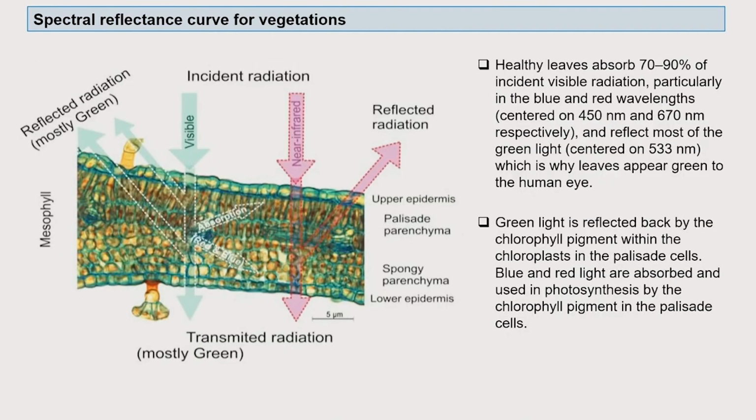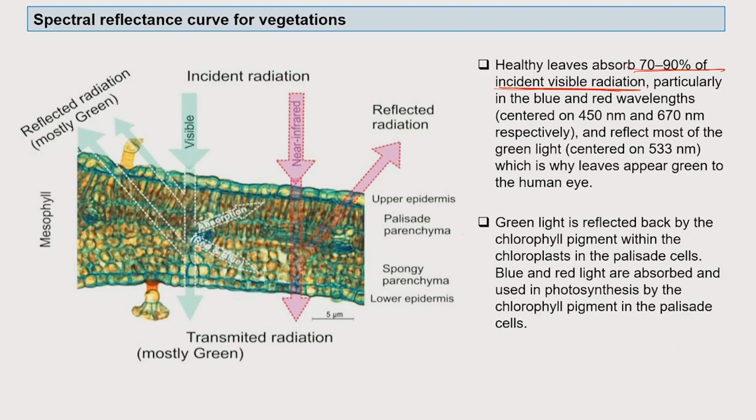Now, how can the spectral reflectance curve for vegetation look? In the case of relatively healthy vegetation or plants, they would absorb almost 70 to 90% of the incident visible radiation. Okay, particularly in the blue and red wavelengths they will absorb, and reflect most of the green light, and that is why the plant leaf appears green to the human eye.